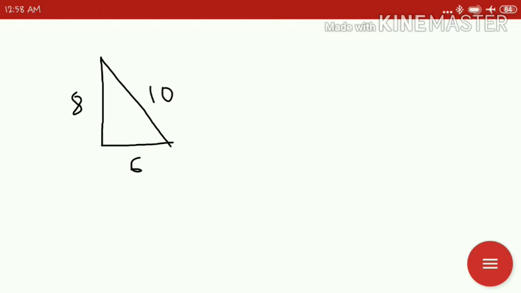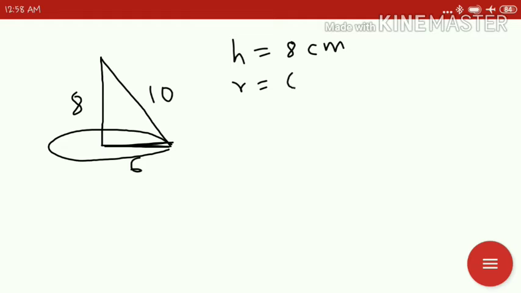So as the 8 centimeter side is the axis, 6 will form the radius, because if we revolve it, it forms a circular shape, and the 10 will become the slant height. So from the figure, height equals 8 centimeter, radius equals 6 centimeter, and the slant height L is 10 centimeter.